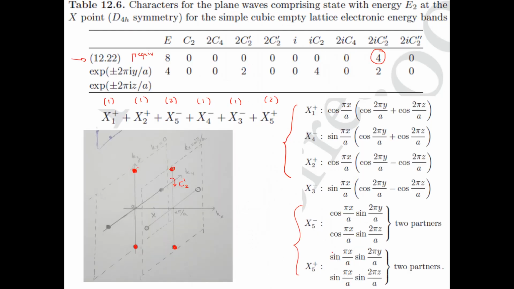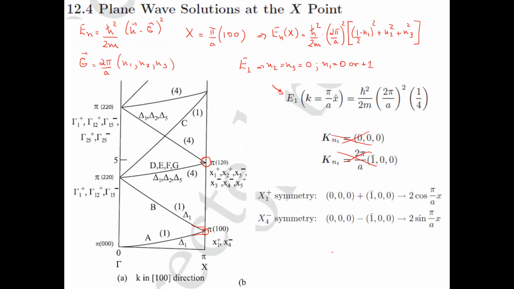So, going back to our original band structure plot using the empty lattice approximation, this set of 8 plane waves with the same energy, when you apply the crystal field, the crystalline potential, breaks into 2 double degenerate states and 4 non-degenerate states.